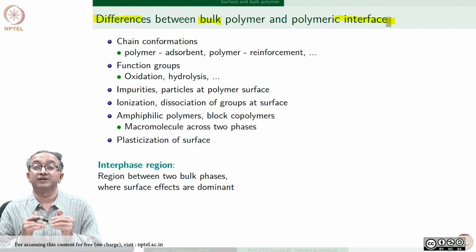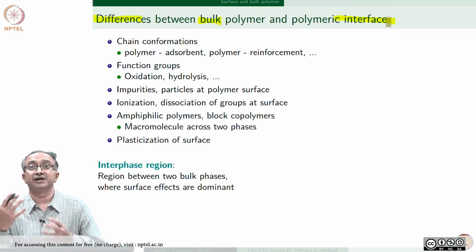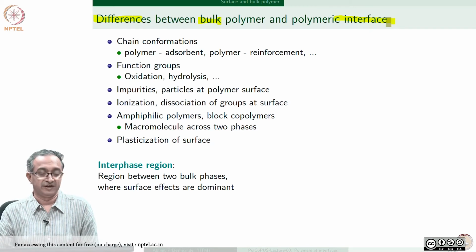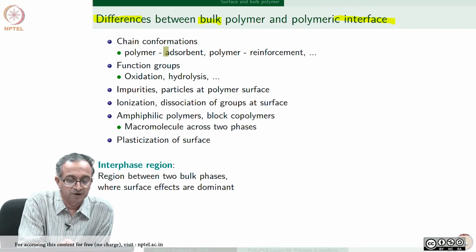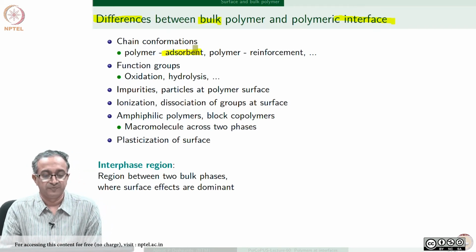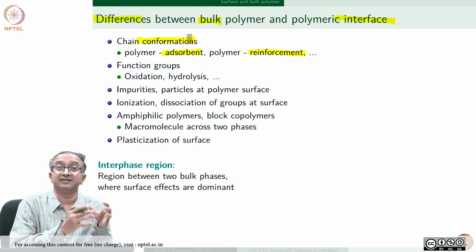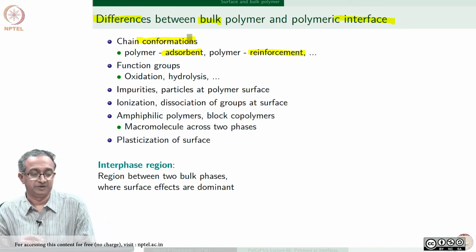So, in that case, a macromolecule which can be otherwise random starts orienting itself parallel to the fiber. So, depending on how the polymer adsorbs on a surface or a polymer interacts with a reinforcement, the chain conformations will be very different at the interface compared to the bulk polymer.